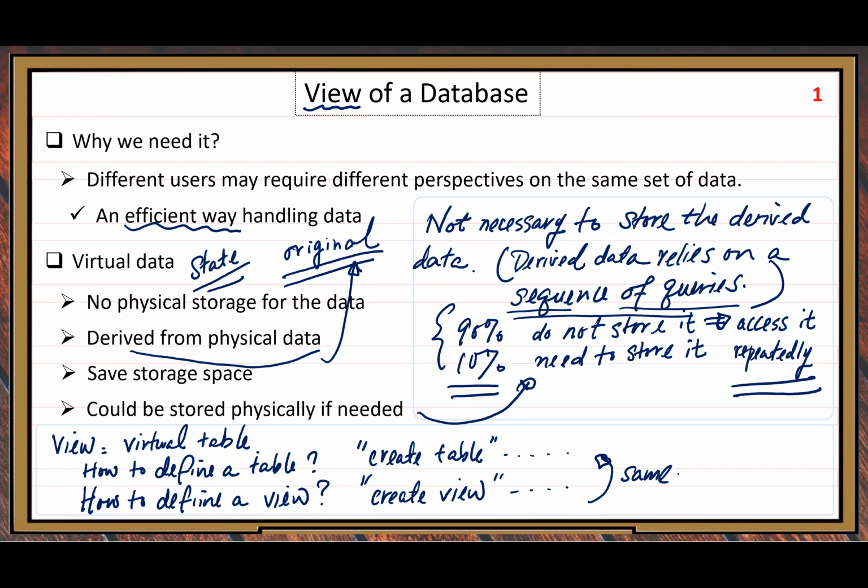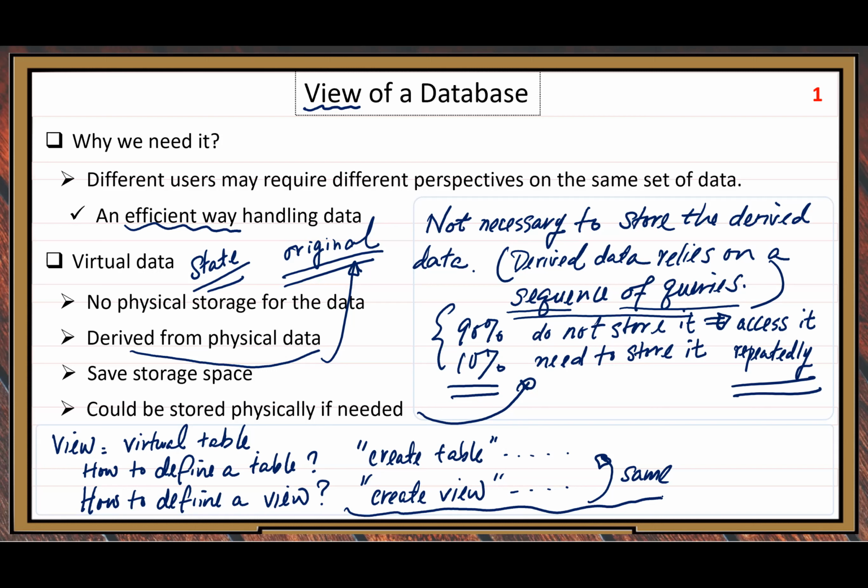No extra storage space is used for that part of the data, although you can see it. That's the generated data.